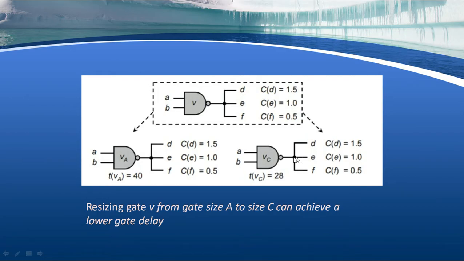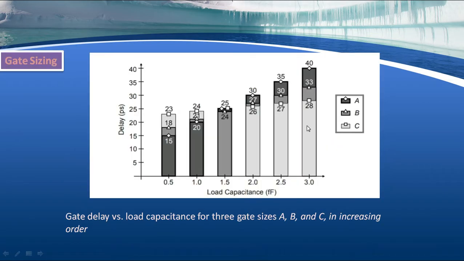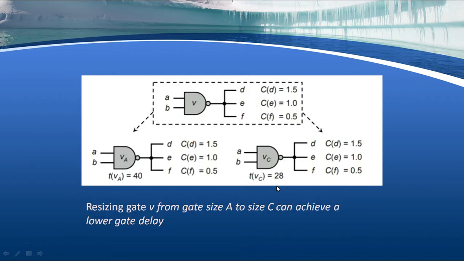We have changed VA by VC, and at that time it is 28, and the load should be 1.5, 10 and 0.5.